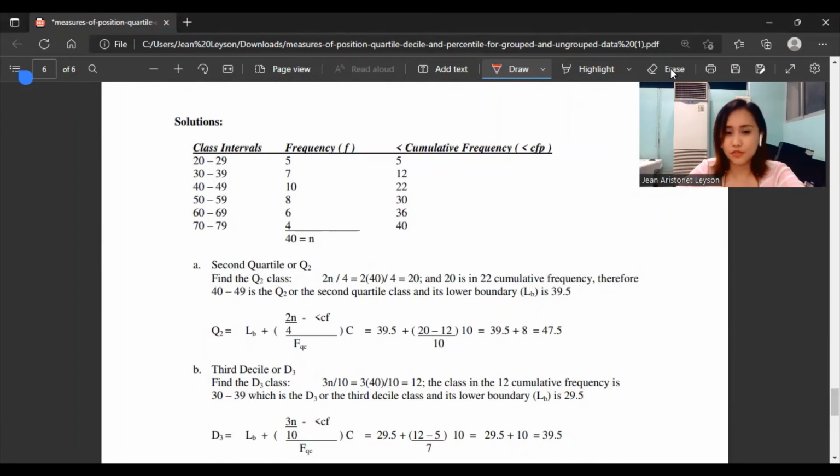For the first one, just copy 5. Then add it to the second one, 7, that's 12, plus 10, that's 22, plus 8, that's 30, plus 6, that's 36, plus 4, that's 40. So the last entry here should be the same with the total number of items or the total number of data set.